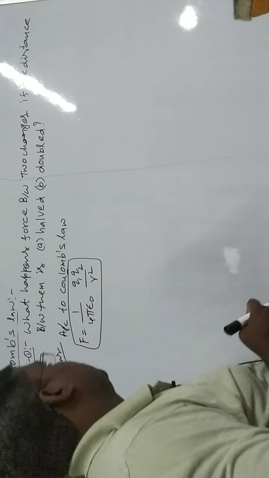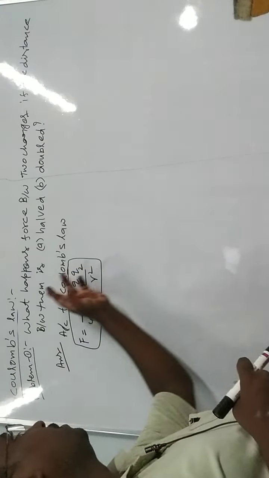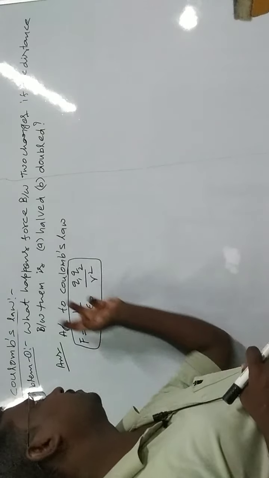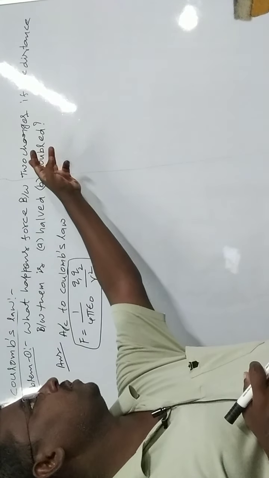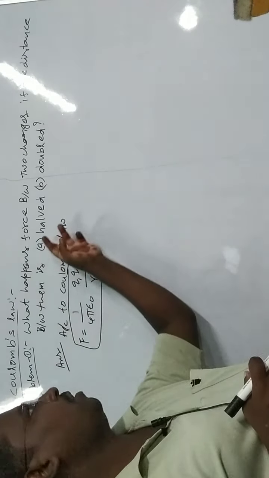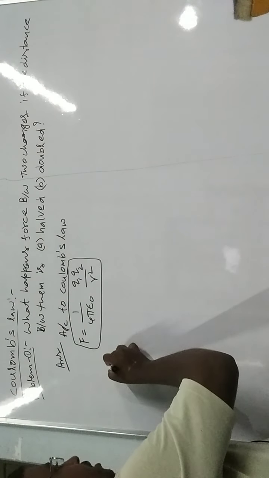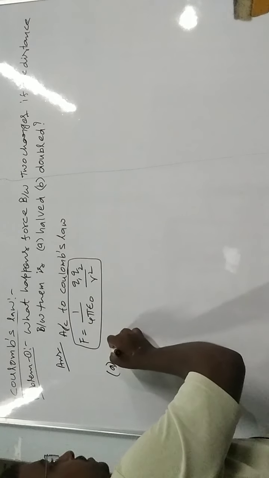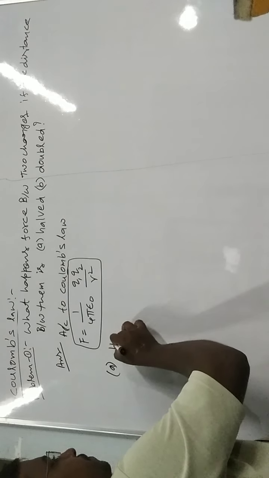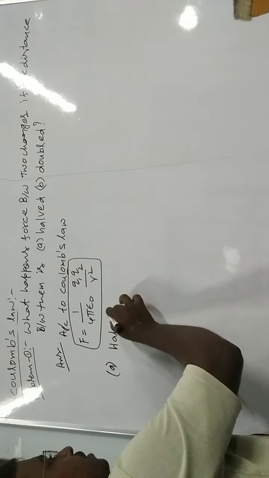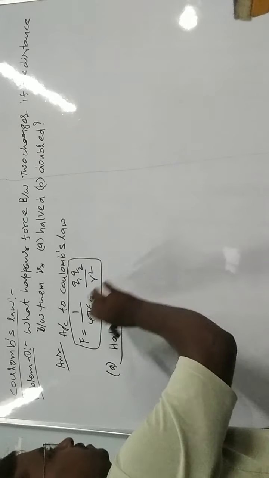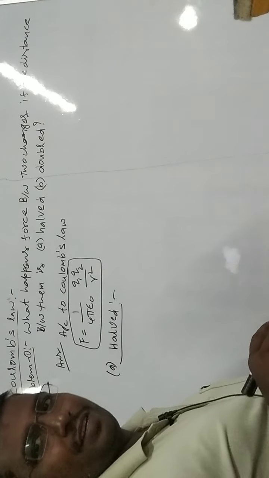So the question is what happens to this force between two charges if the distance between them is halved and doubled. First case, question A, the distance between them is halved. What is the distance?